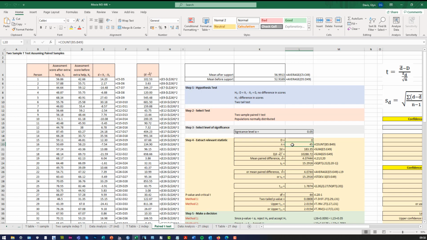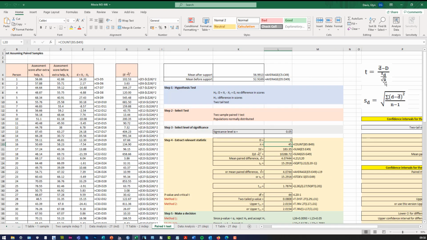N is the count. Remember, if you look at the equations, you'll see we need n, which is the total number of numbers, so we use the Excel function count. We need to know the sum of the differences, and the sum of the differences minus the difference mean, squared, as you can see there.